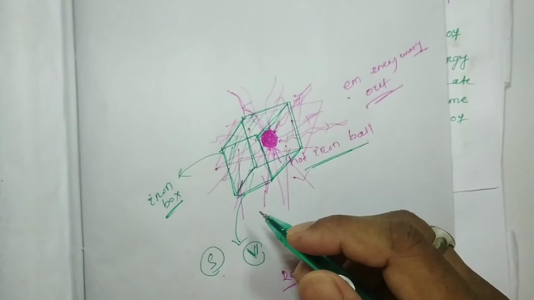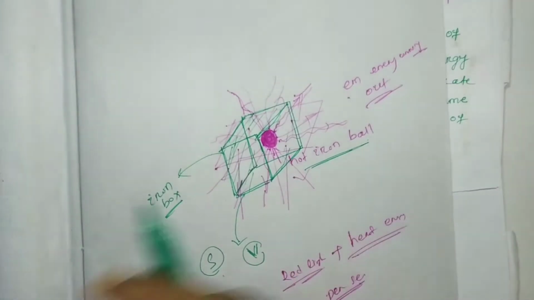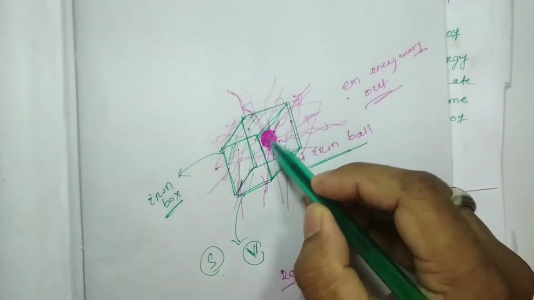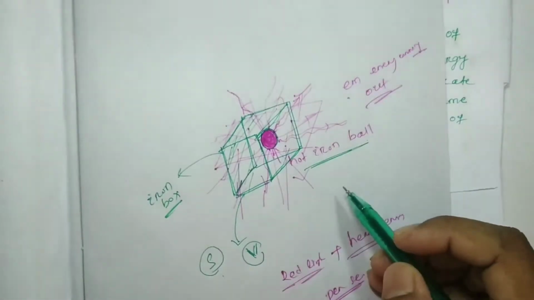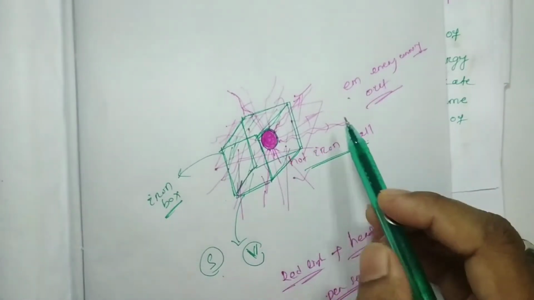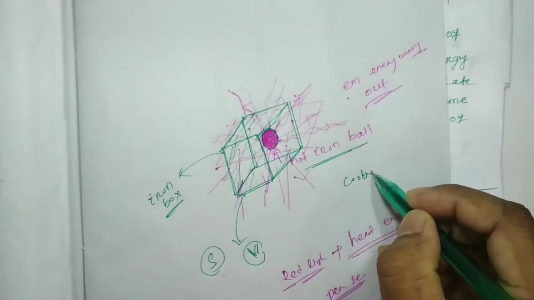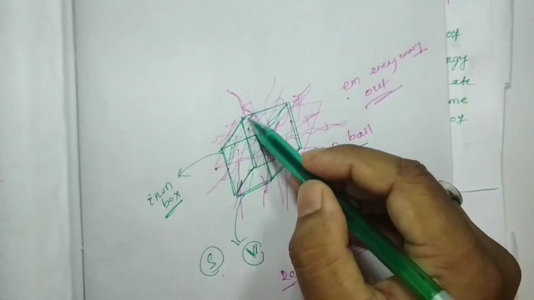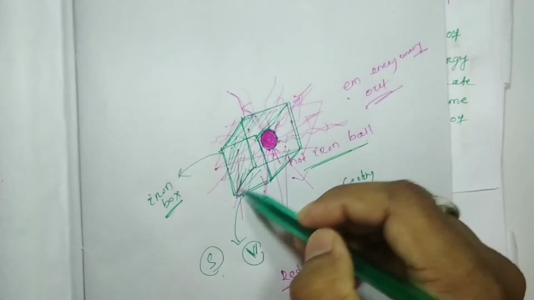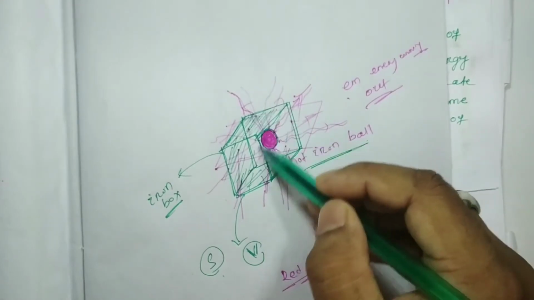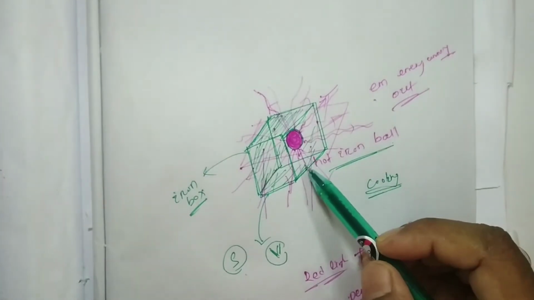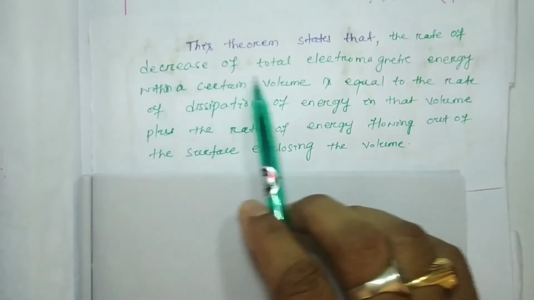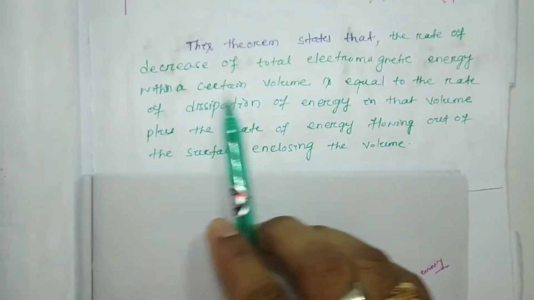So what is happening? First you just imagine that continuously the energy is decreasing from this hot ball. That means this hot ball is continuously cooling, right? If we consider this volume, then the total energy is nothing but the heat dissipation. Here it is stated as the decrease of total electromagnetic energy within the certain volume.